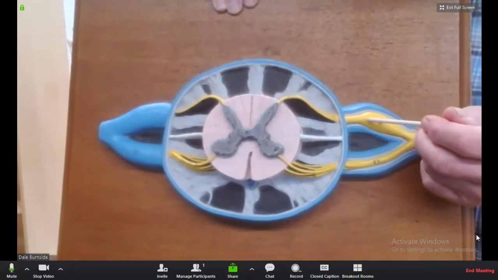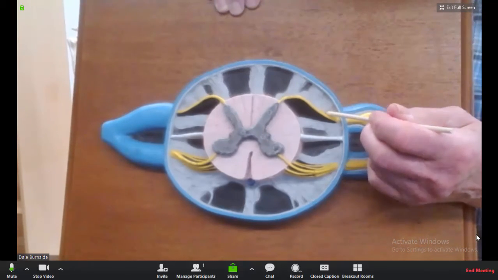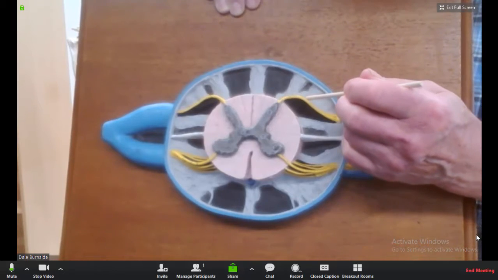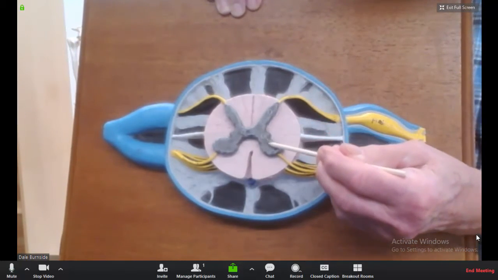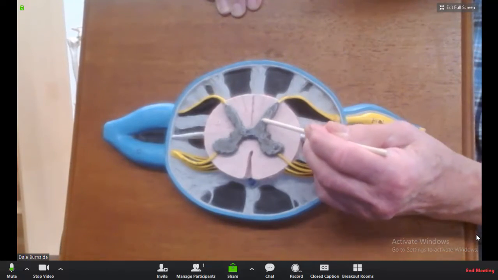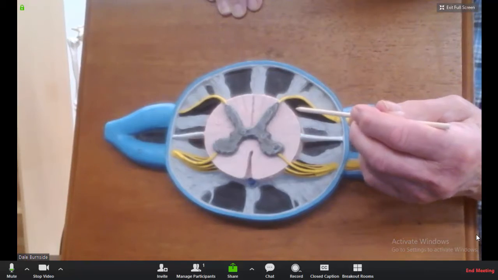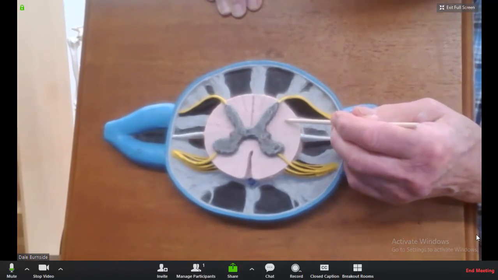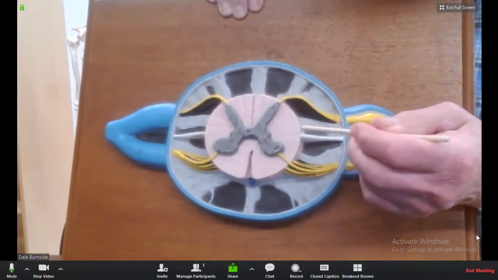We see the dorsal root, that's taking an impulse to the spinal cord. Here's the dorsal root, and then it comes down through this gray matter. Remember, in the spinal cord, the white matter, this is all white matter, is around the gray matter.